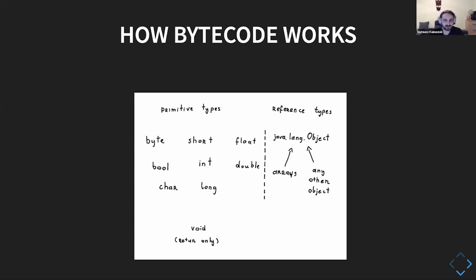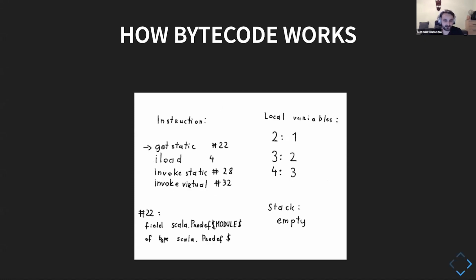On the JVM, it's not necessarily the case. When we have a function returning void and then another function taking void, we will have to have some special case handling if we want to combine them into one function, totally different from what we have in Scala. So once we know that primitives and reference types are different, we might see how this code executes.